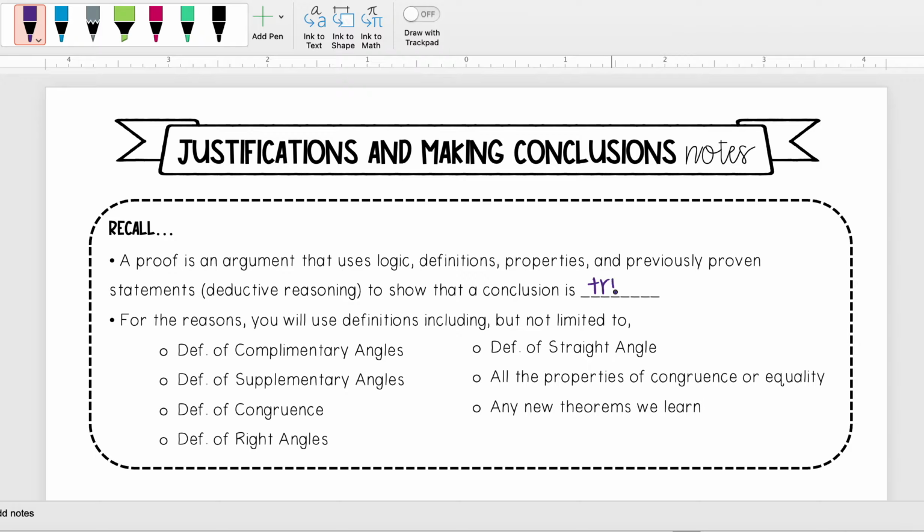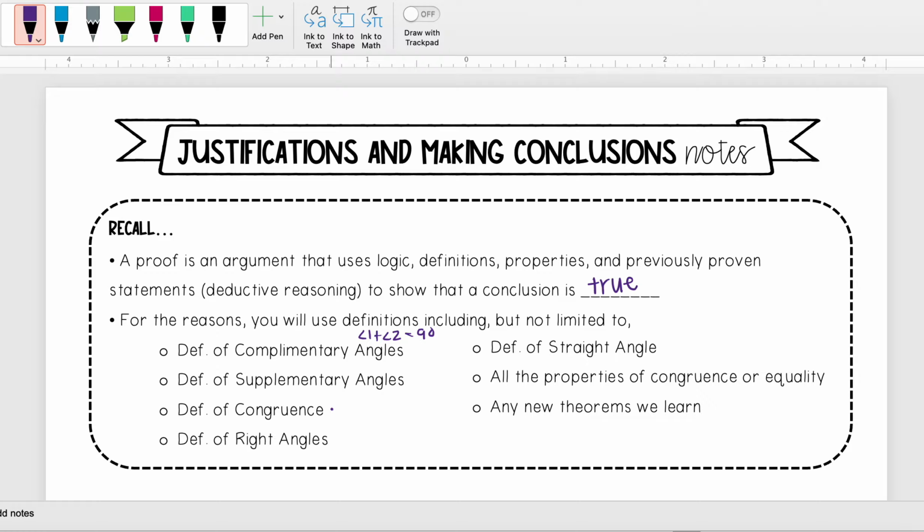a conclusion is true. And so just to recall, remember definition of complementary angles, that just tells us that the two angles add up to equal 90. So let's say they're angle 1, angle 2. Supplementary, they just add up to equal 180.